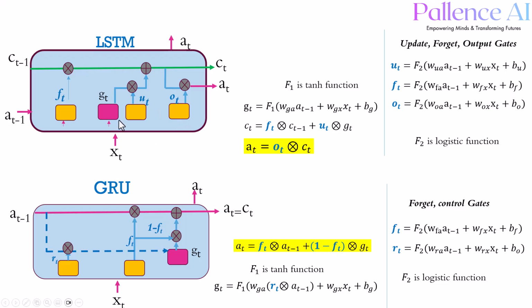So for example, if we say LSTM with 5 neurons, you'll have 5 hidden units inside this FT, 5 units with the GT, 5 units with the UT, 5 units with OT. Similarly for the GRU, these are all fully connected layers.